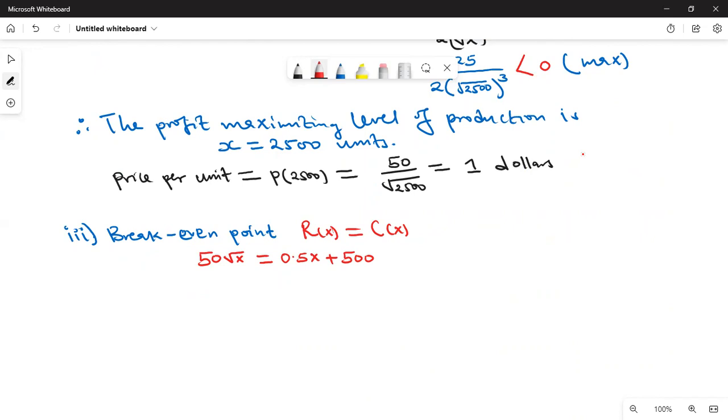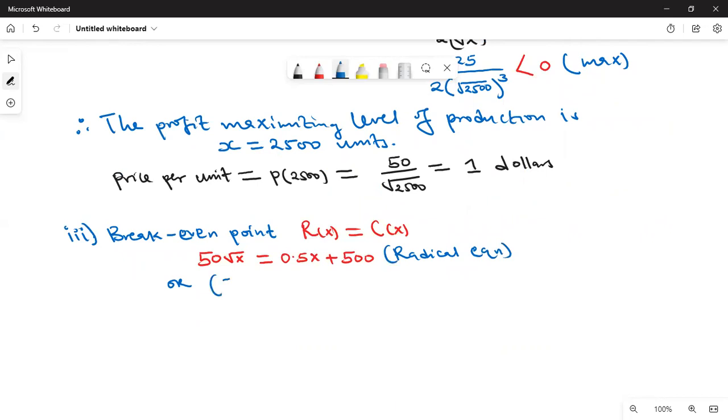This is a radical equation. So what we are going to do here is to square both sides so that I get rid of the square root. I said this is a radical equation, so get rid of the square root.